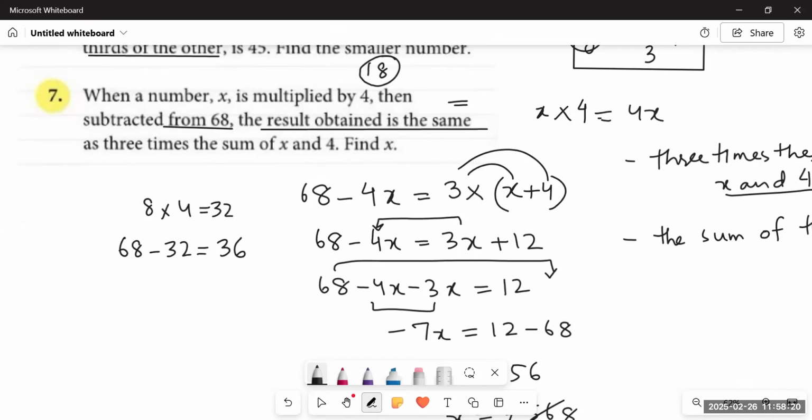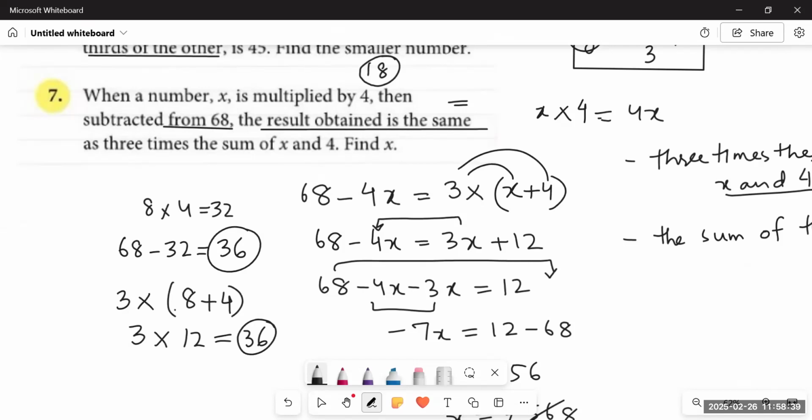The result obtained is the same as 3 times, 3 multiplied by the sum of x, which is 8, and 4. So let's add 8 and 4, we will get 12. Now multiply it by 3. The answer is exactly the same. It means we have got the correct value of x.